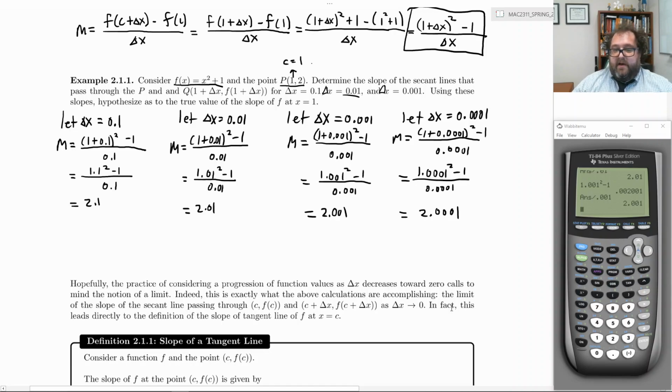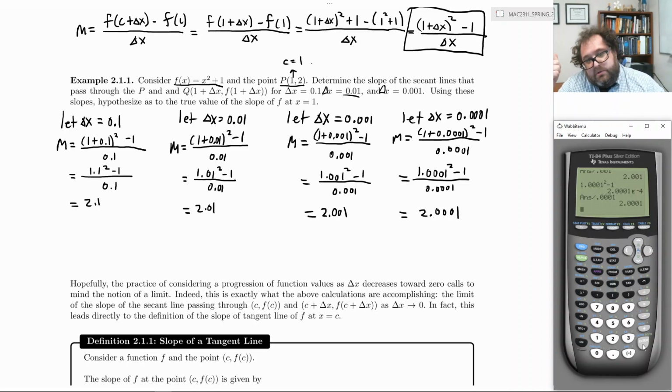Okay, let's just verify. I bet that's our answer. 1.0001 squared minus 1 divided by 0.0001. Hey, what do you know? There it is.